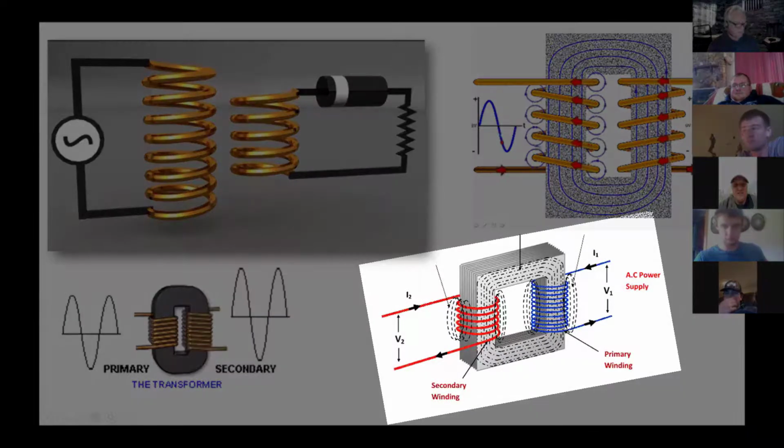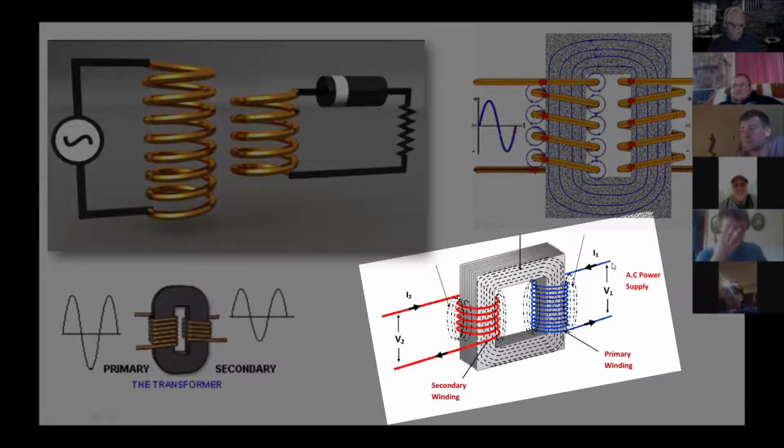Here's my primary on this one. And if you recall, we talked about the magnetic lines of flux that are formed by anything, but in this case by conductors carrying current. The magnetic lines of flux, if you recall, don't really like to go through air. They like to go through metal.